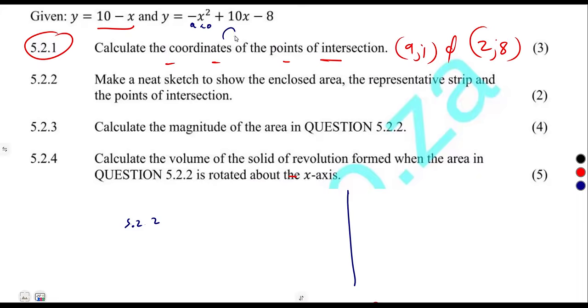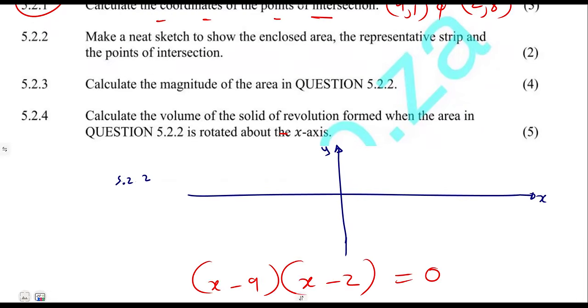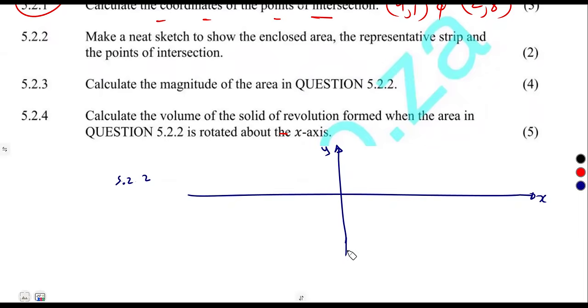That's a negative, so it's going to be concave down. So we're going to have our graph being concave down and having the y-intercept at -8. So it was going to be something like this, concave down.